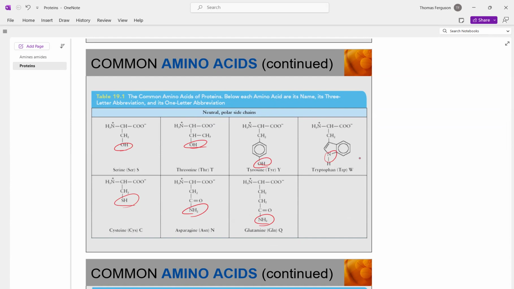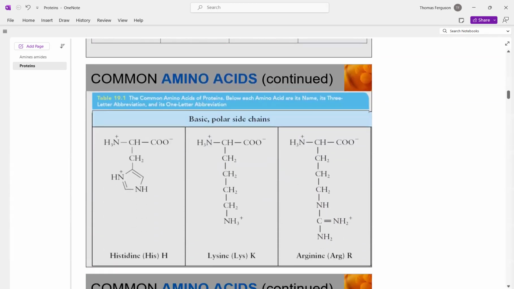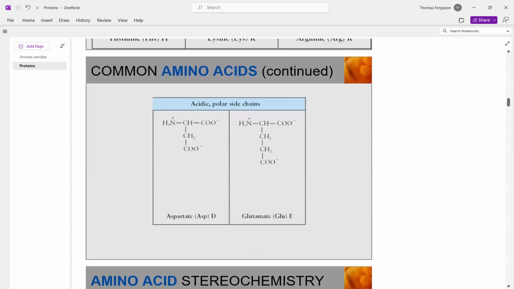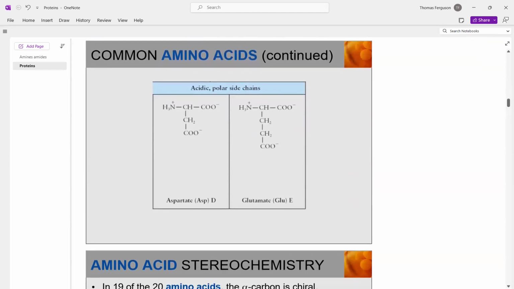So very polar, but non-ionic though. The basic ones are all ionic, strong IMF. Okay, and they all involve nitrogen compounds. And then lastly, we have the two acidic ones, and they've got a carboxylic group at the end.